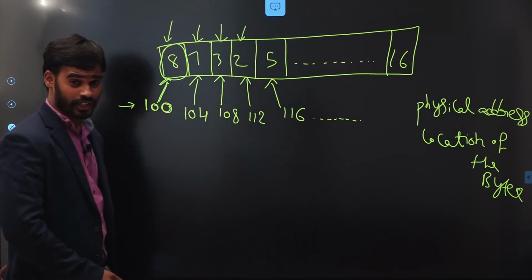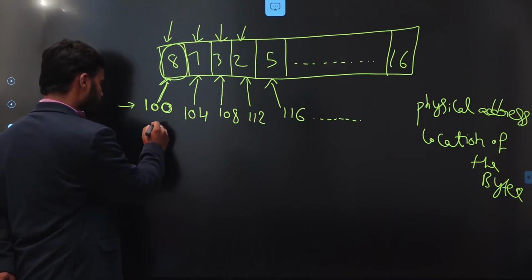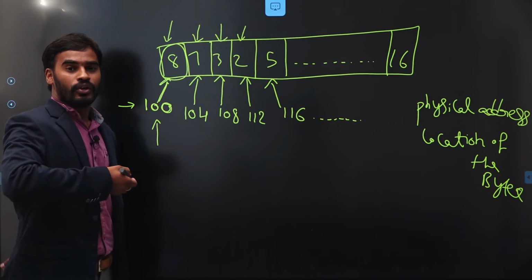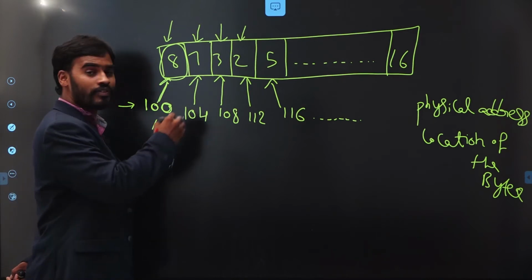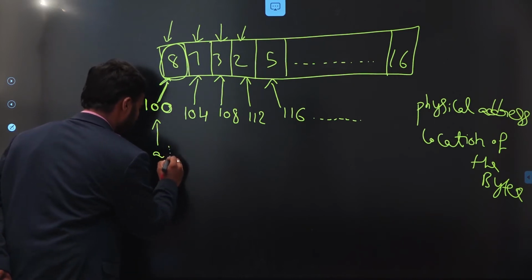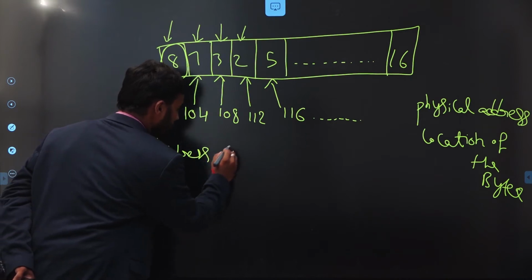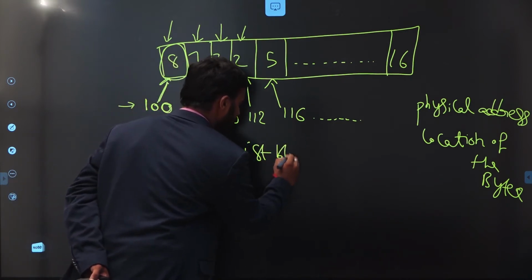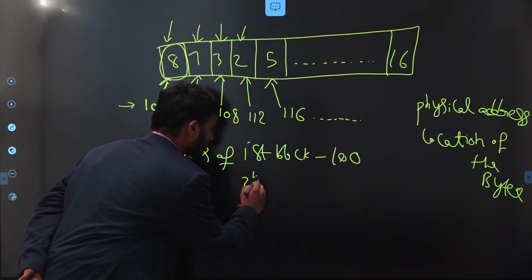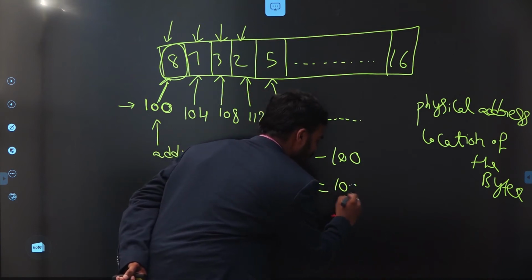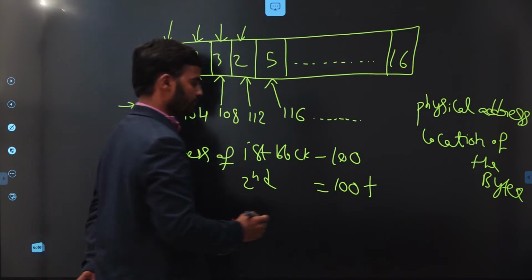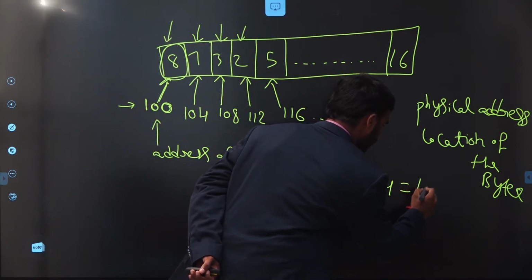So what I am trying to say is, if you know the address of the first block, then you need not remember the address of the remaining blocks. How? Assume that the address of the first block is 100. What is the address of the second block? The address of the first block plus the number of bytes occupied by the first block, which is 104.